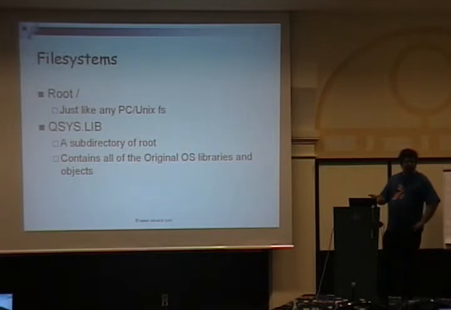Of course, some of those programs that I spoke about that are fully compliant with AIX also sit in this file system. And we have the qsys.lib file system, which is a subdirectory of the root file system and contains access to the original libraries, the original objects, all of the programs, files, data areas, and whatever exists inside the AS400 libraries.